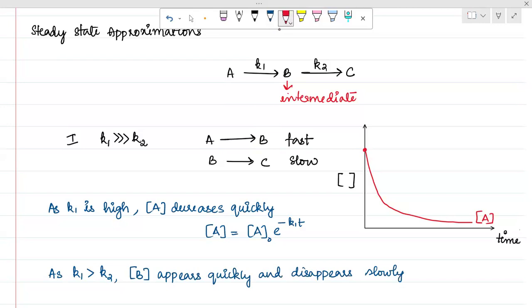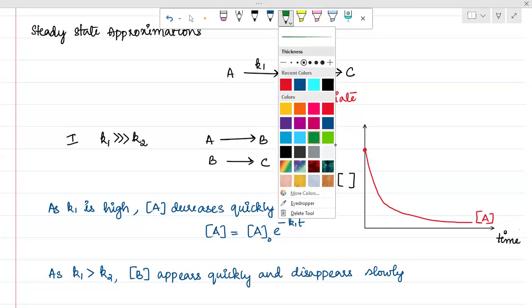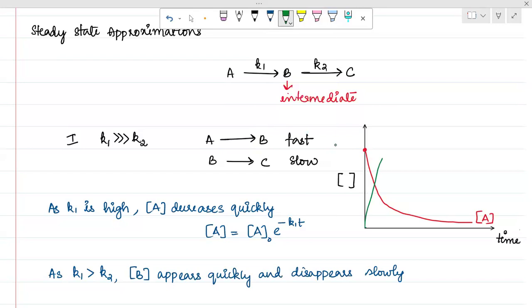So it forms quickly but then degrades slowly. It's a slow decrease. The green trace over here shows the concentration of B.